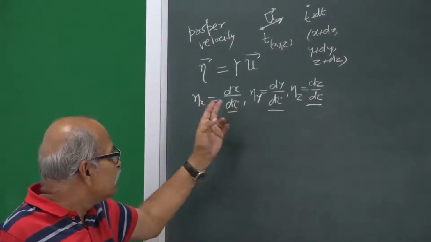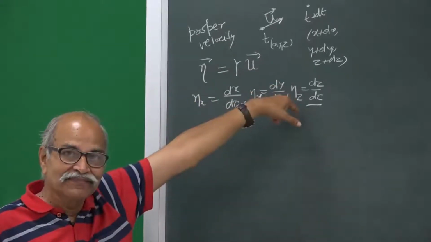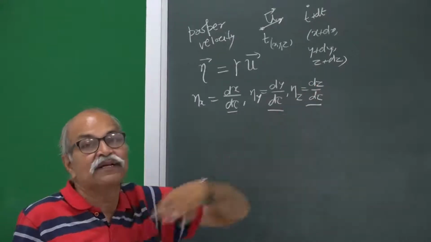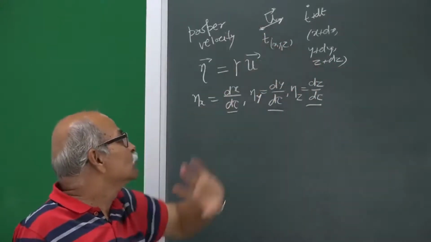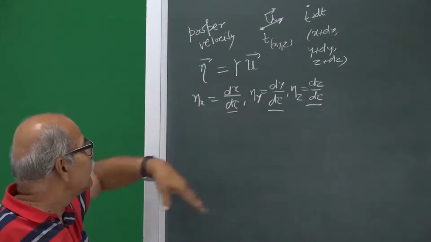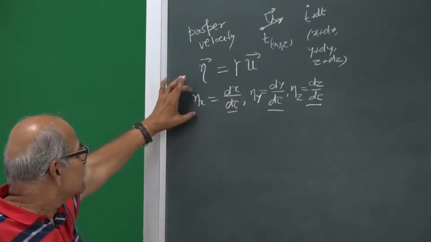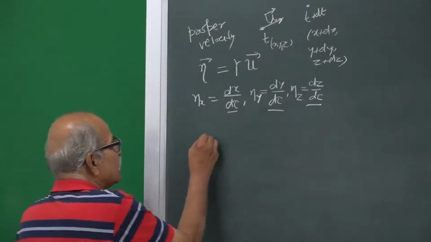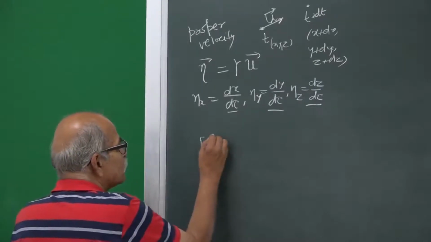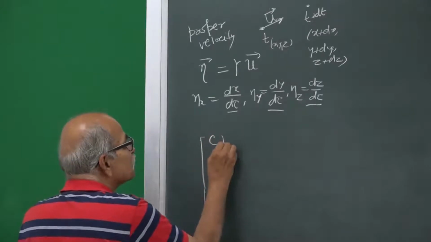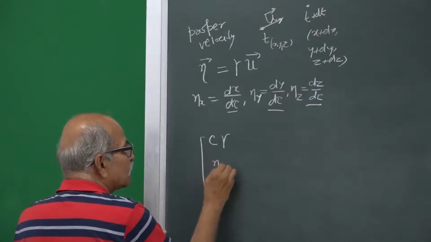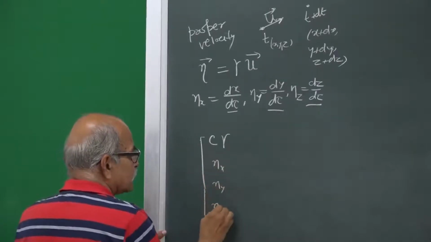That means this time is measured in the particle's frame, whereas the displacements are measured in the lab frame in which the particle is moving with velocity u. So, that is the kind of hybrid quantity we construct and call it proper velocity, and that proper velocity can be written as the spatial component of a 4 vector, where the first component is c times gamma, and the 3 components are eta x, eta y and eta z.